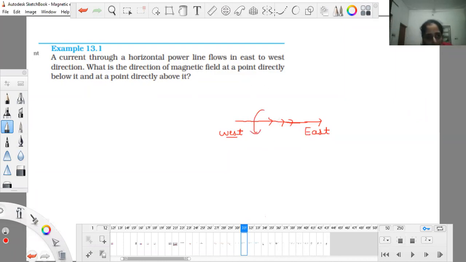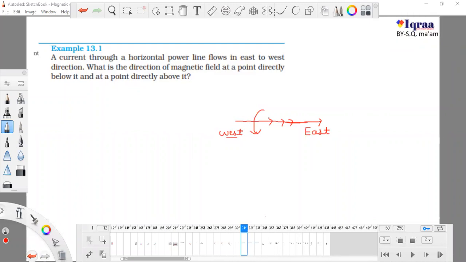So this is how it comes. It will show me the direction.